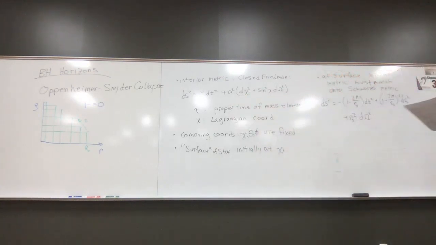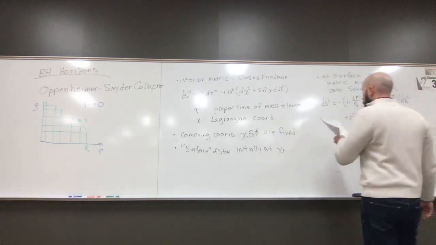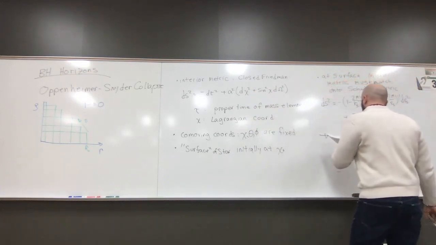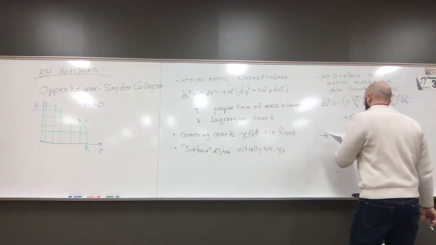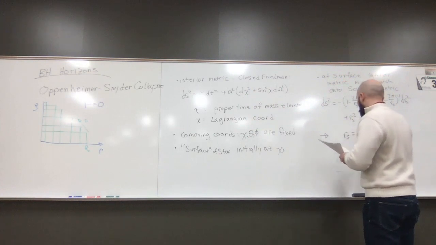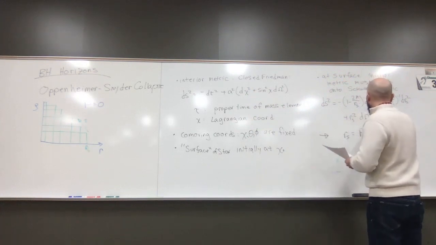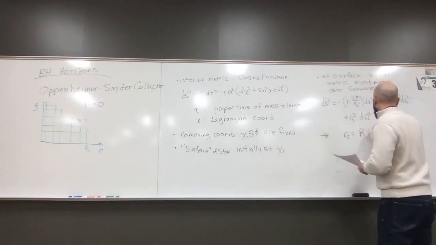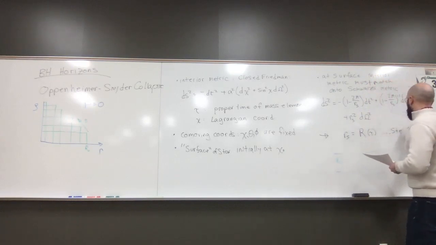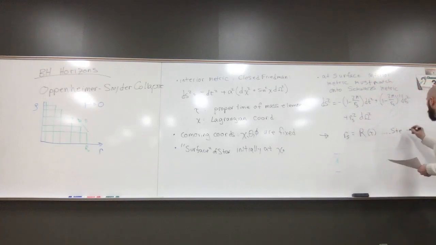It's like our boundary condition. Matching those two leads to constraints on our coordinates. What that means is that the Schwarzschild radius must be equal to r, the stellar surface, as a function of tau.